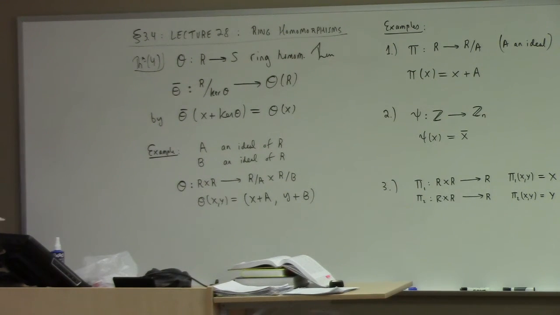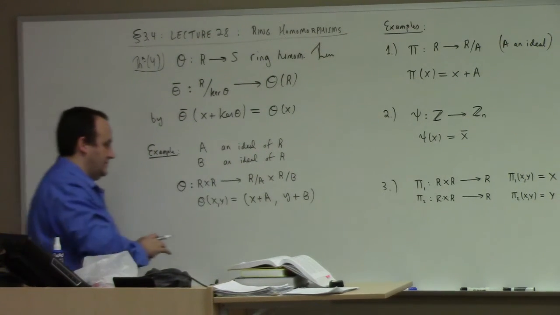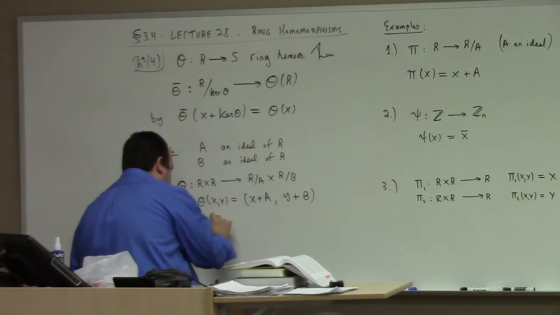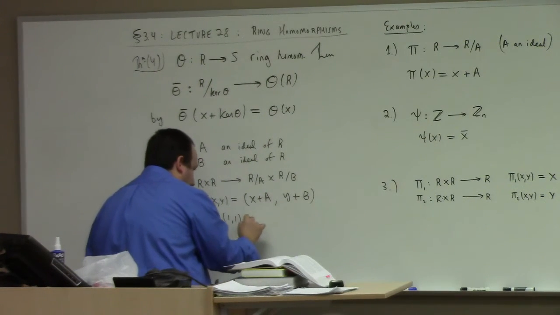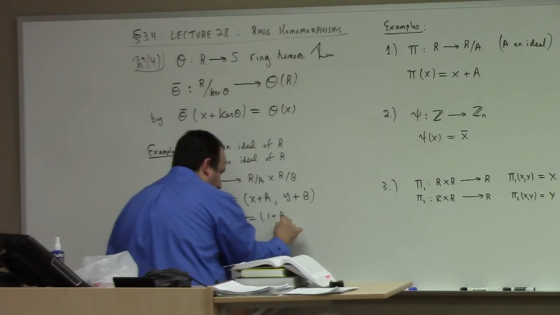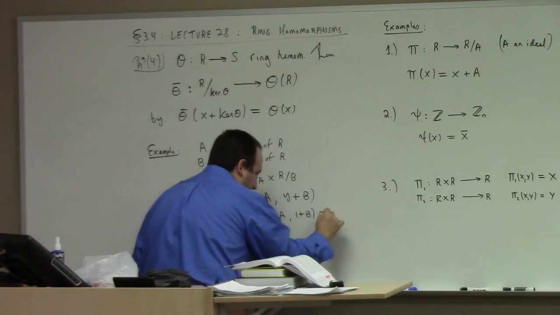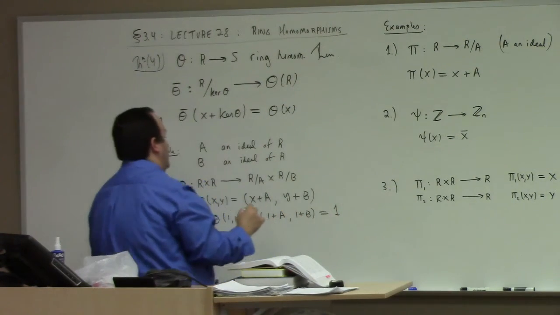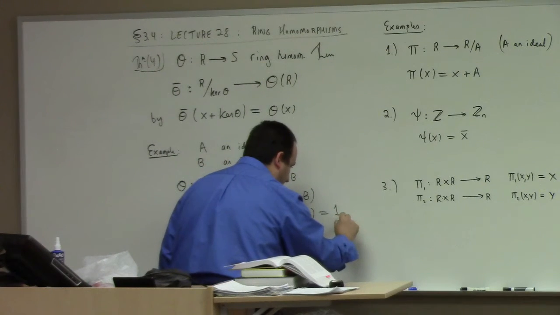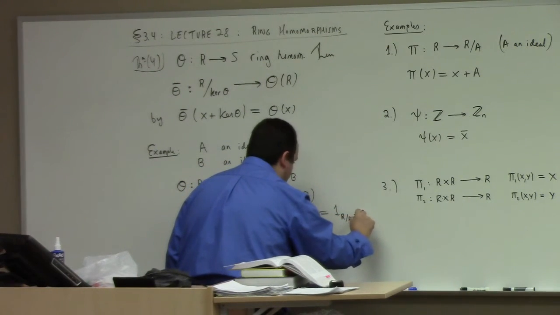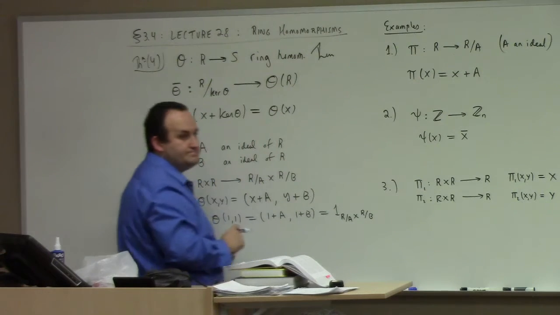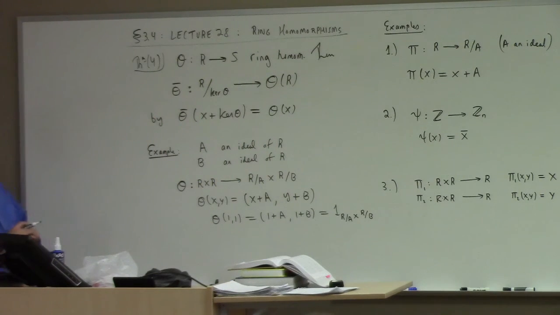You can prove that this preserves addition and multiplication, and it maps 1 to 1. What is 1? Theta of (1, 1) is equal to (1 plus A, 1 plus B). That is the 1 in this product ring.